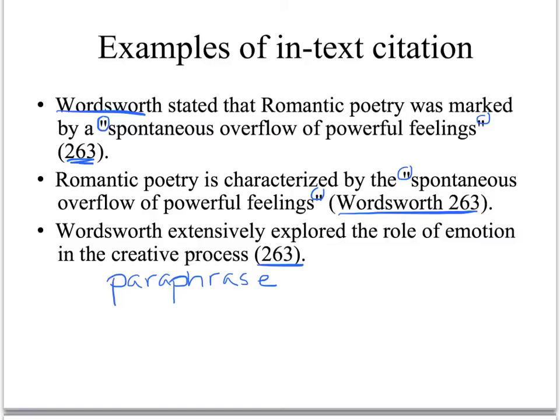So instead of powerful feeling, they use the word emotion. And instead of romantic poetry, they used the creative process. And so we are getting the same idea that Wordsworth was talking about, but in a different way. However, since this idea was not original, they are still crediting Wordsworth with having done the original thinking.